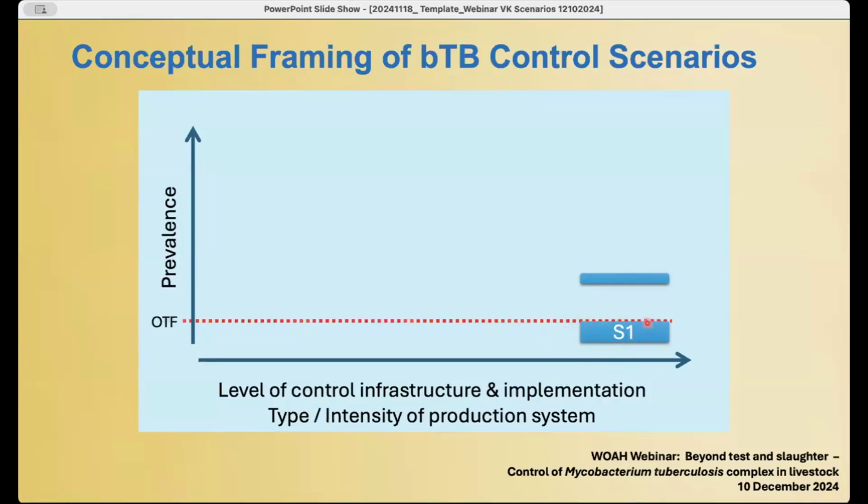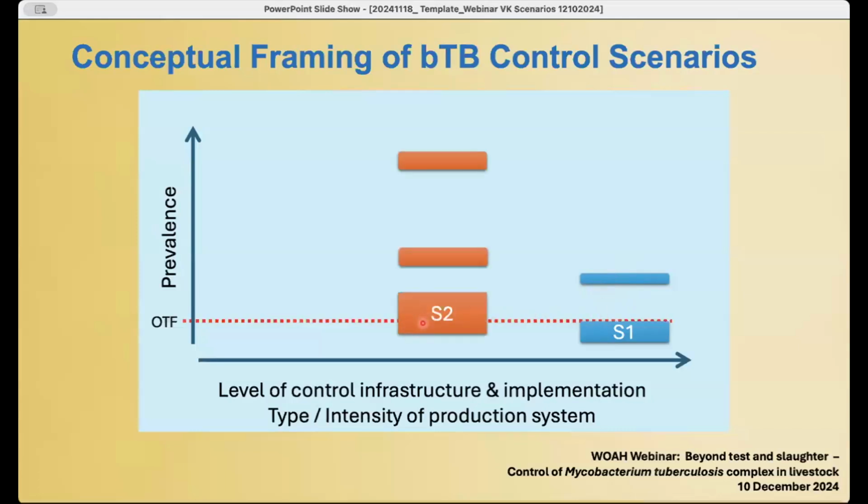Most of the herds, if not all of them, are below the OTF line, but occasionally you will find some breaks, perhaps because of wildlife, movement control or importation, or simply those that are refractory to control that might pop up. And this might occur in any particular scenario.